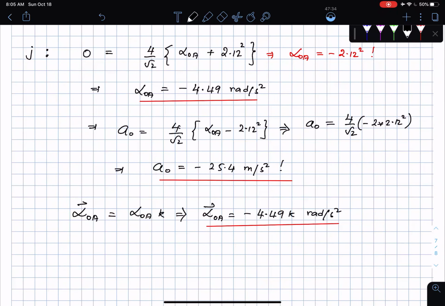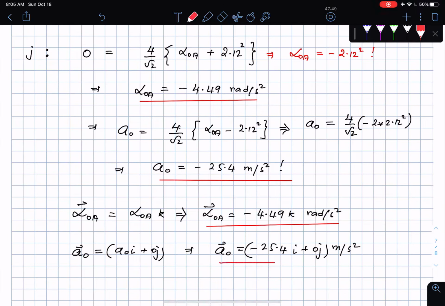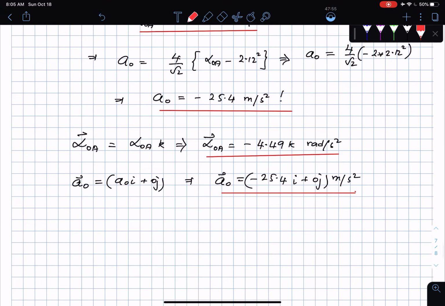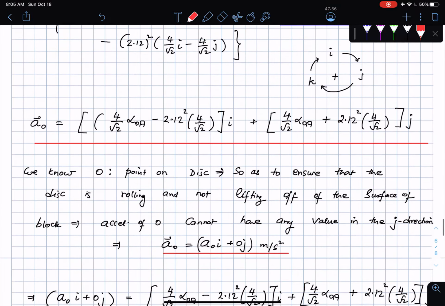And then likewise, acceleration of O is minus 25.4 I and then 0 j, so many meters per second square. And I'm almost done. All I have to do is go to the disk, apply the same equation, and then call it a day. Okay, and I appreciate your patience.